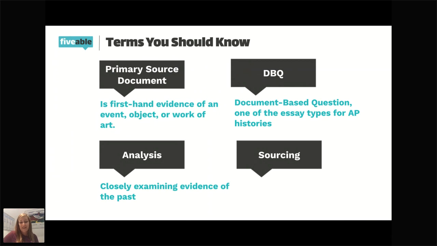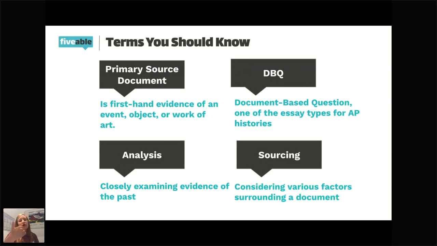And one way that we analyze documents is through sourcing. So that's our focus for today. So what in the world is sourcing? Well, we're looking at the source of a document. Where did it come from? Who created it? At what time was it created? What type of person made this document? Who is this document for?